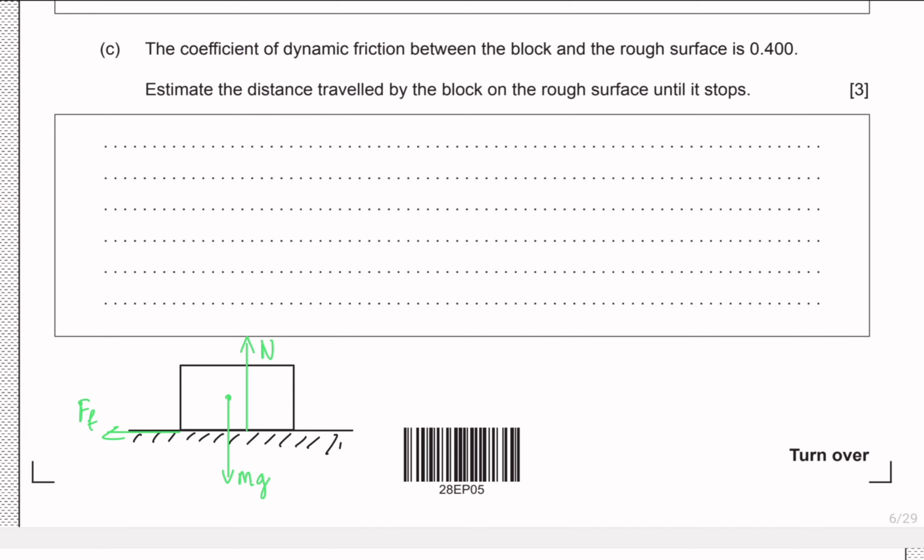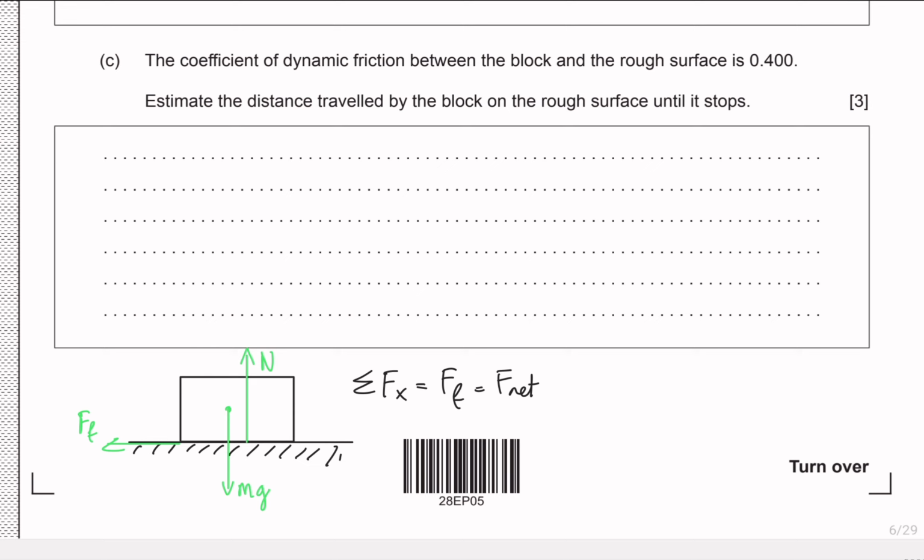So we can see that the only force acting in the horizontal direction, so the sum of the x components of the forces, is just the frictional force. So this is the net force in the x direction. N and G are only vertical. So we see that F net is equal to the frictional force.